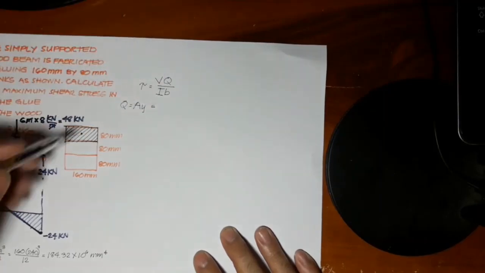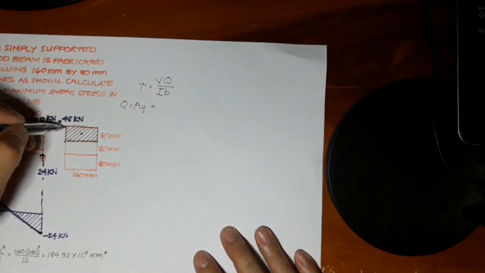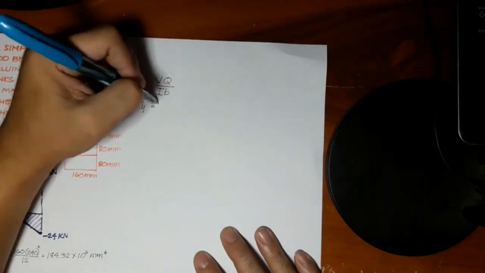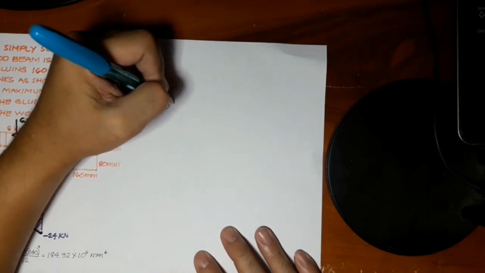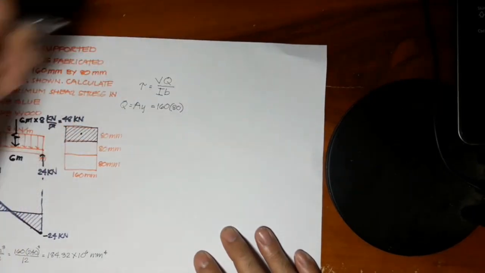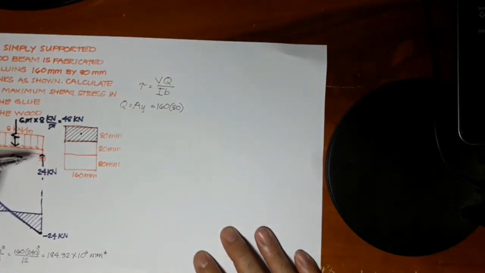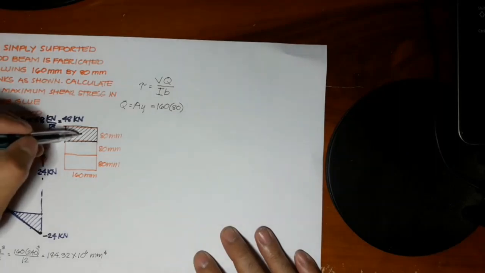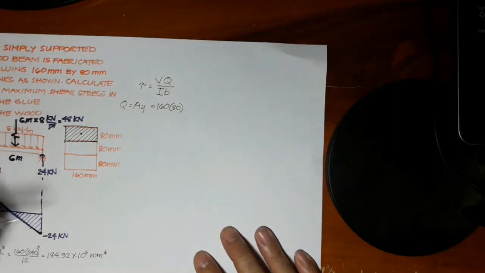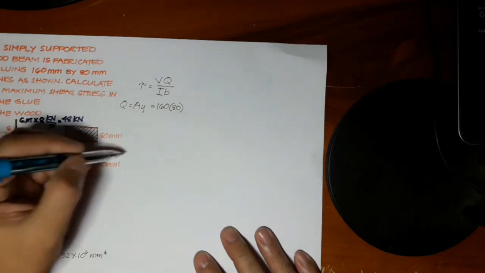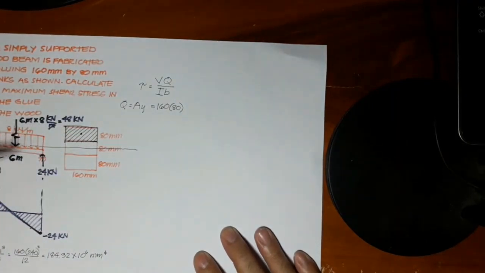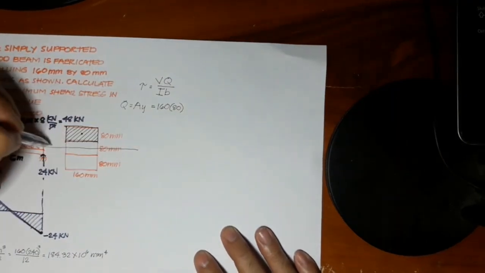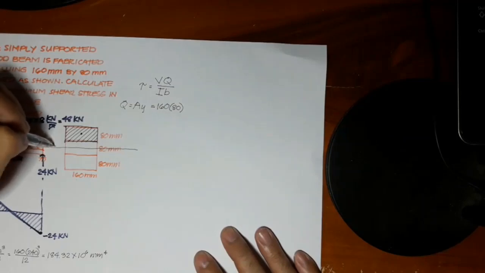So here we have base, which is 160, and height, which is 80. And our Y is the distance from the centroid of this area to the neutral axis. Since this is a rectangular section, the neutral axis is located at the center of the section. This is your neutral axis.